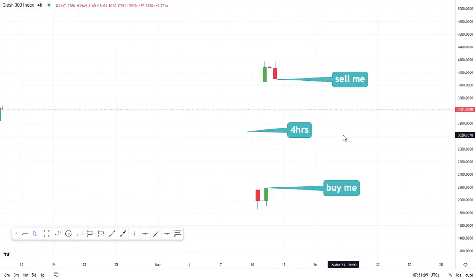Once you open your chart, you go down to the 4 hour time frame and check if you are seeing a candlestick pattern like this, morning star or evening star. You can give it a name of your choice, you don't have to use the name I just mentioned. Just understand the structure, the arrangement of the candlesticks.